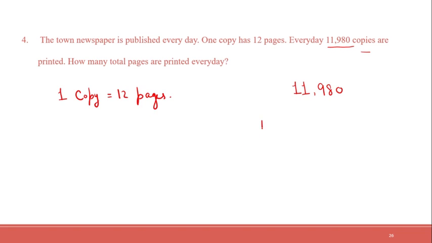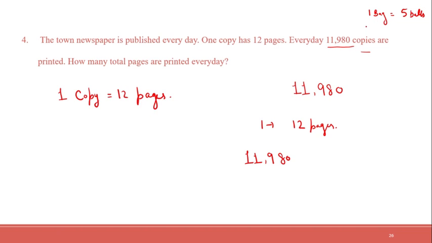That means if one copy contains 12 pages, then 11,980 copies will each have 12 pages, right? Let's say one bag is equal to 5 balls, in one bag there are 5 balls. We can put 5 balls in one bag.